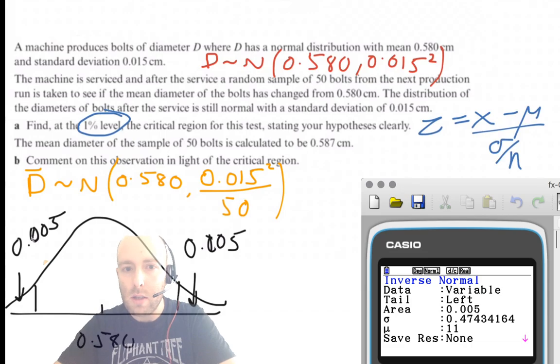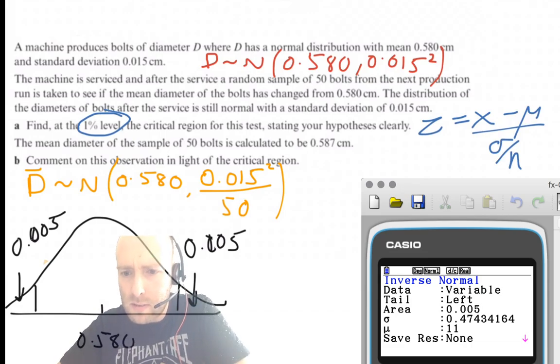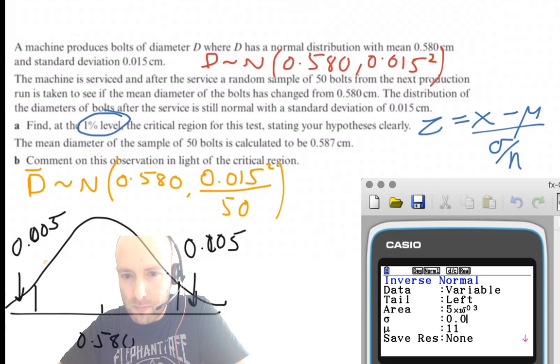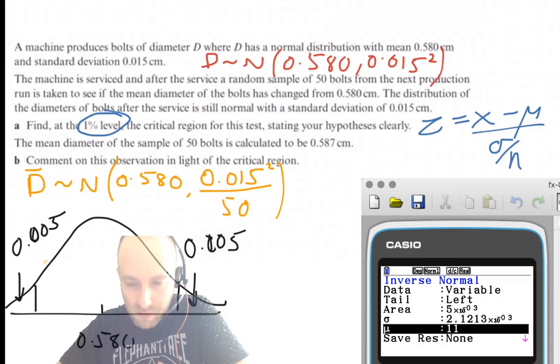Cool, all right. So put 0.005 in, put sigma in. Sigma is going to be 0.015 divided by square root of 50. Remember, we got to square root it. And my mean is 0.580.